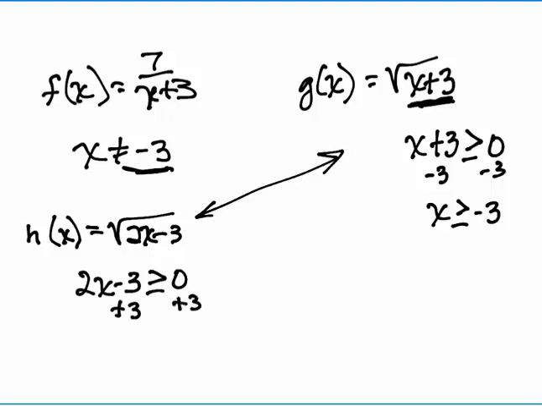Add 3, add 3, 2x is greater than or equal to 3. x then has to be greater than or equal to 3 over 2. So that would be how we would say our domain is. It has to be all those numbers that are greater than or equal to 1.5.